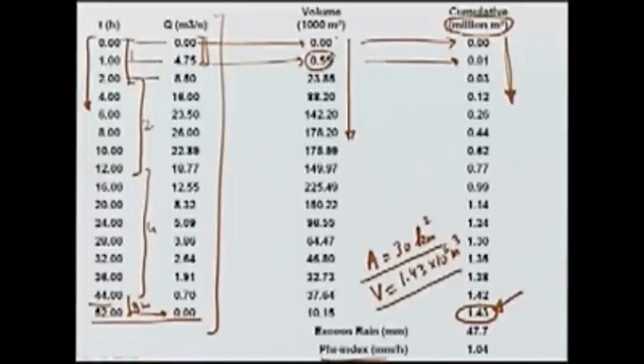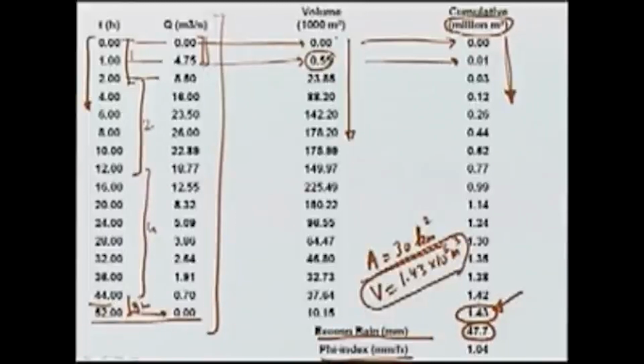So, we want to find out what are the losses. So, we can find out what is the excess rain volume. In this case, the volume of the rain will be same as the volume of the DRH.